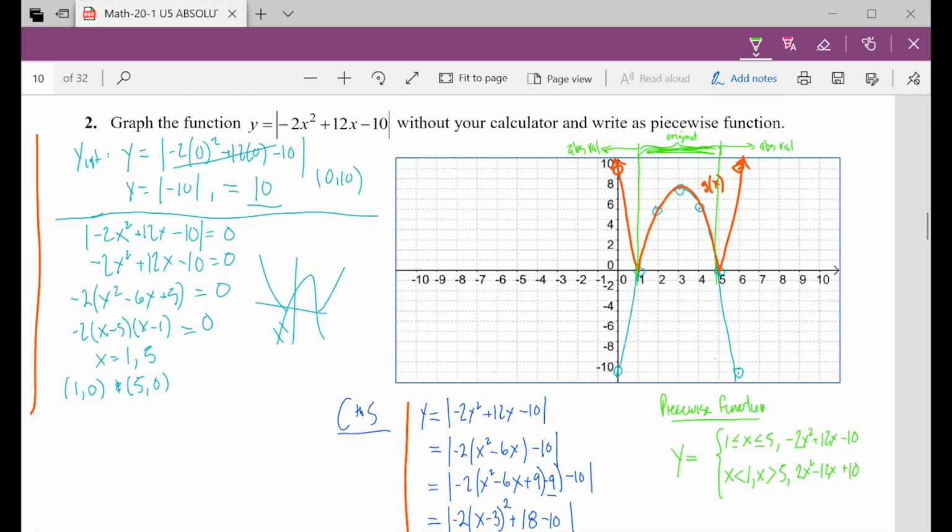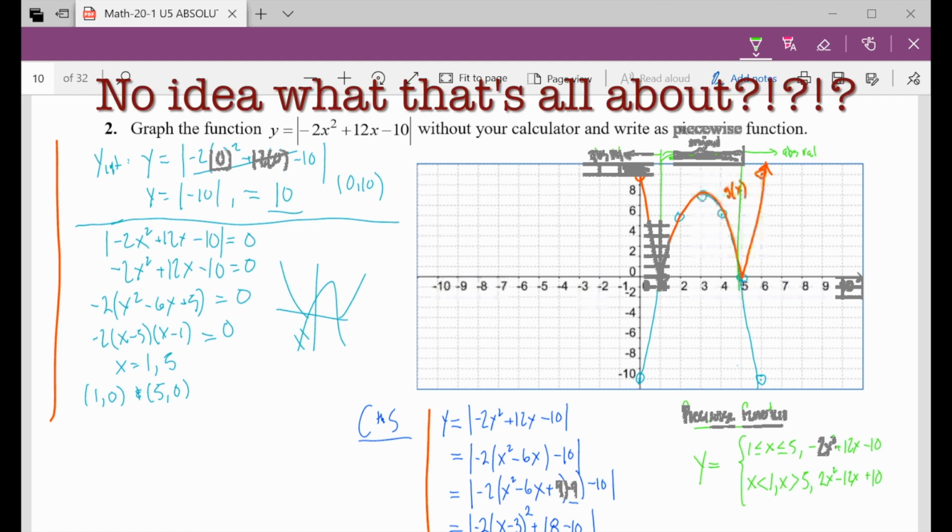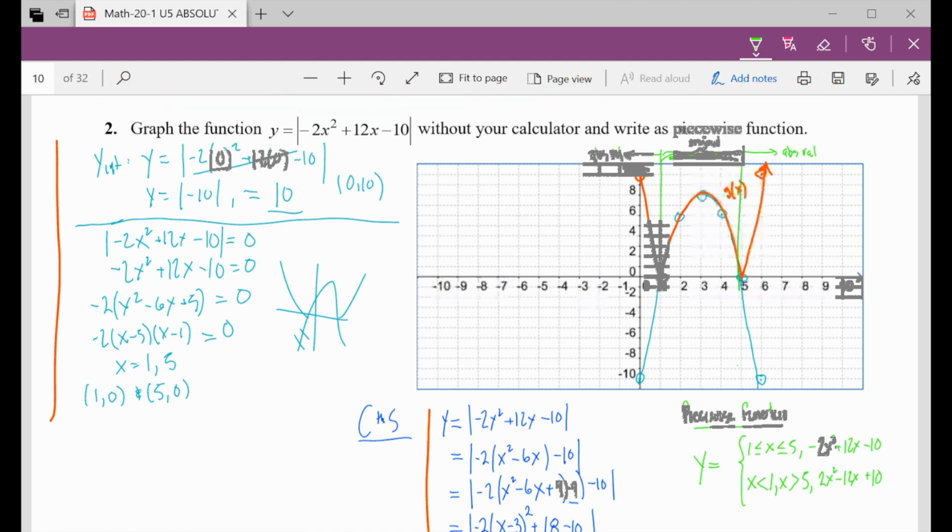There we go. That, I believe, completes everything we're being asked to do. This piecewise function, because for the absolute value, the three parts of the curve are defined slightly differently. All those parts that are normally and originally above the x-axis will remain unchanged, but those parts that dipped below the x-axis will get reflected upwards.